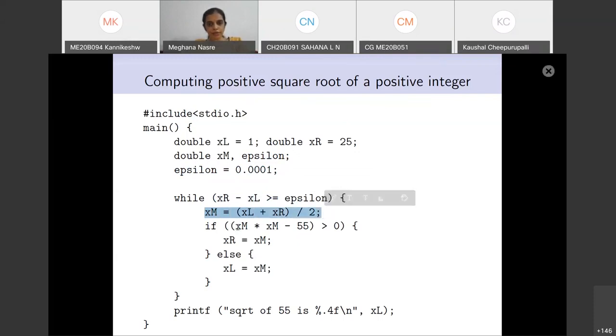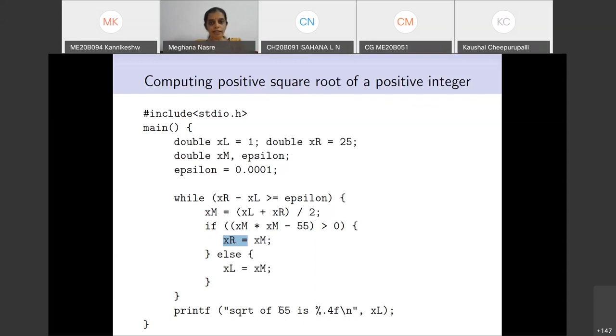If the function value evaluates to positive, then you change the estimate for xr, else you change the estimate for xl. When you exit the while loop, the error between these two is strictly less than epsilon, in which case you return either one of them, xl or xr, as the approximate value for the square root of the input value that was given to you.